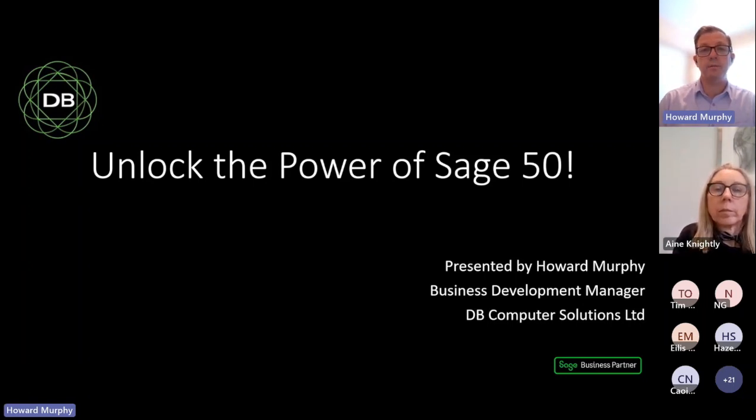It's a flexible business solution for small to medium businesses that simplifies financial management and business processes. DB Computer Solutions have built a sizable base of Sage 50 users over the last 20 or so years. Through acquiring that level of customers, we've not only provided solutions, but also learned where we can introduce efficiencies.